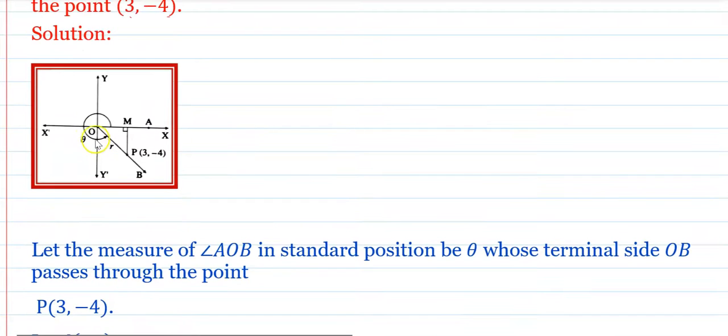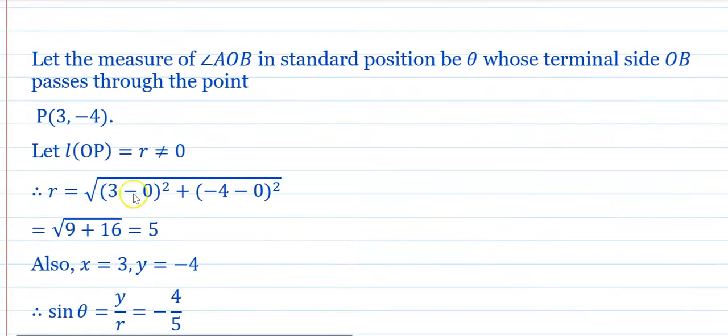O is the origin, whose coordinates are (0, 0). By the distance formula, the square root of (3 minus 0) squared plus (-4 minus 0) squared. The square of 3 is 9, the square of -4 is 16. 16 plus 9 is the root of 25, which is equal to 5. So x is 3, y is -4 and r is 5.